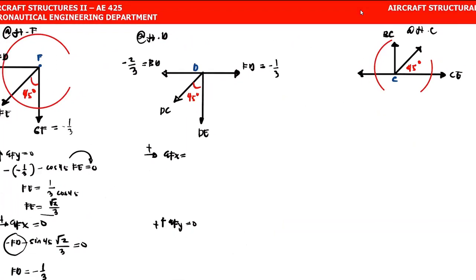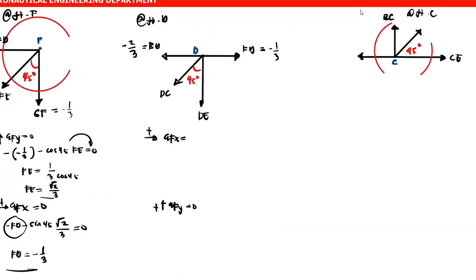So we can get the DC using summation forces X. Going right is positive, equal to 0. Okay, and that is negative 2/3 plus negative 1/3, and that is DC. Okay, negative DC sine 45 is equal to 0.